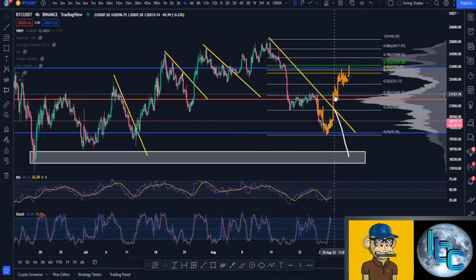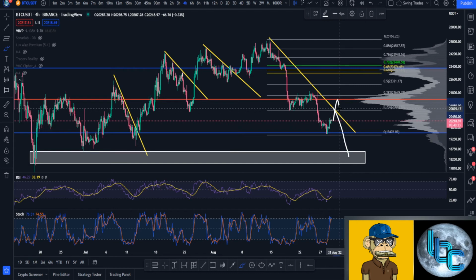The next move up would take us to the point of control if it was to come up there. I would probably be cautious of a possible pullback from that point, and then maybe continuing that move up and then bouncing off of it.